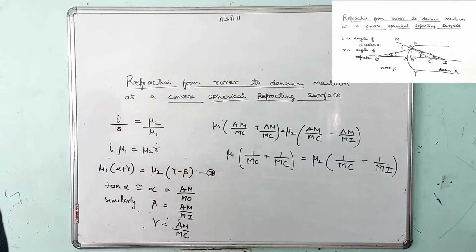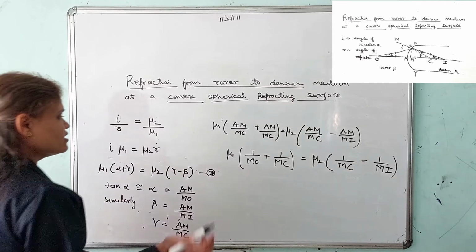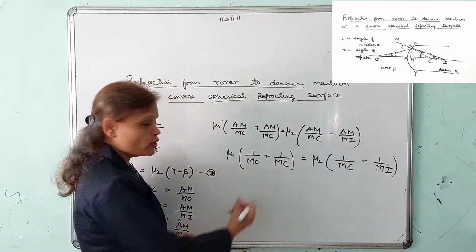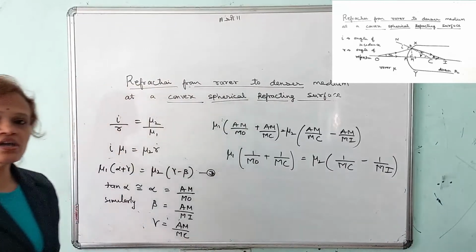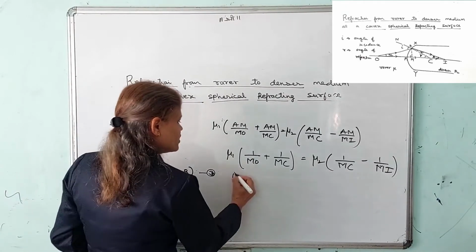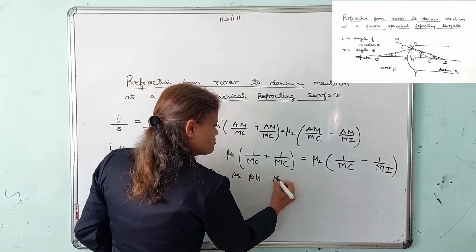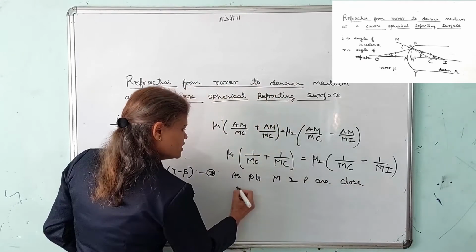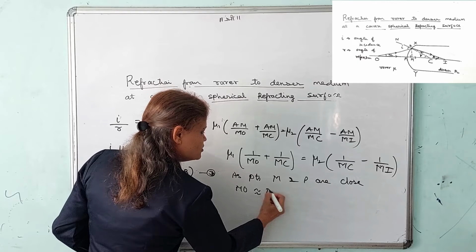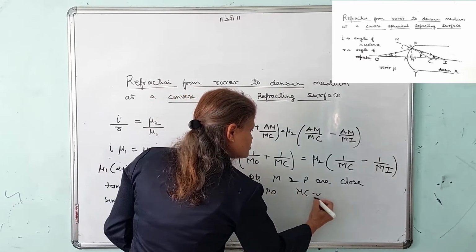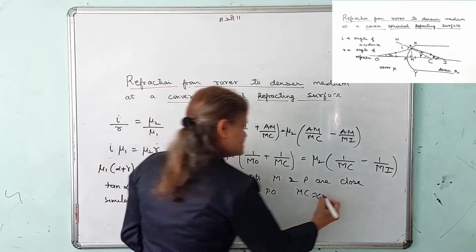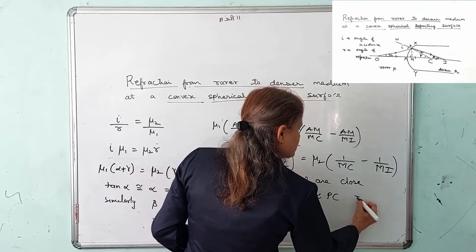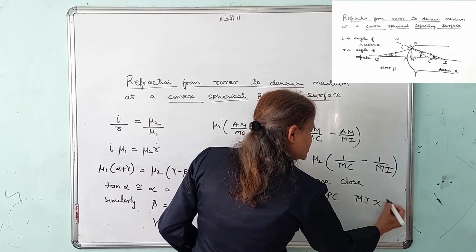Now again if you see the ray diagram, P and M are very close, so we can again approximate MO as PO, MC as PC and MI as PI. So as points M and P are close, MO is approximately PO, MC is approximately PC, and MI is approximately PI.